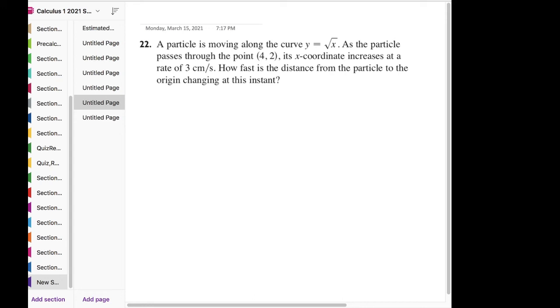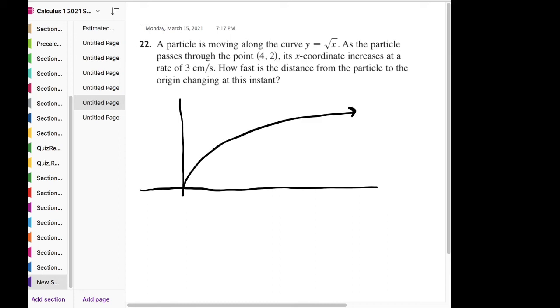Okay, so I think the first thing we could do is just graph it first. We know what these things look like, and then we can start underlining some key clauses. This is square root of x, something like that. And we have a particle that's moving along the curve.